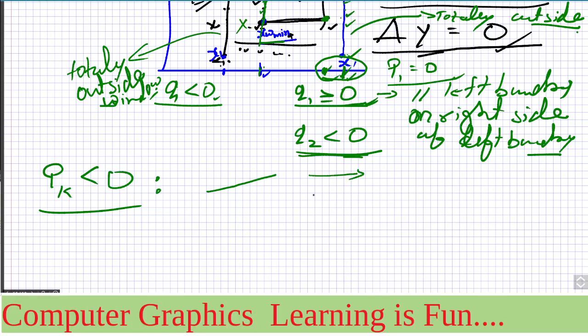And if pk is greater than 0, the line may come from inside to outside. Very simple. So for any non-zero value of pk, we have to calculate something.